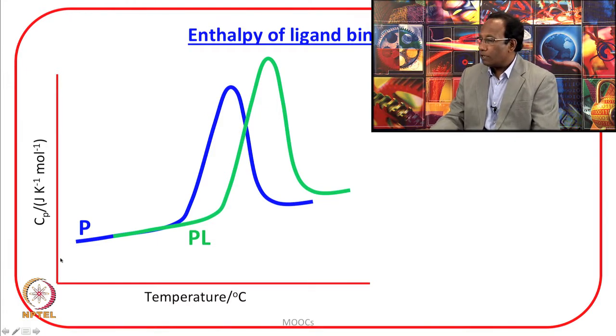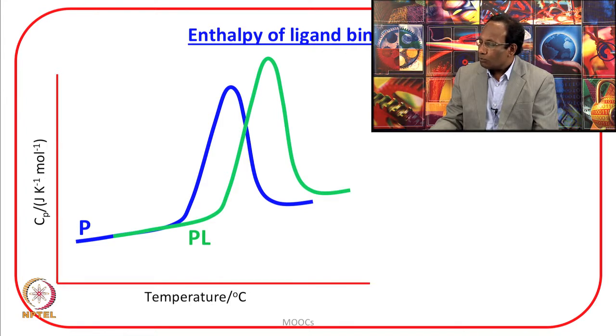Let us take a look at the figure, that when you form a complex of P and L, PL, then its transition temperature increases and the associated enthalpy of unfolding also increases.